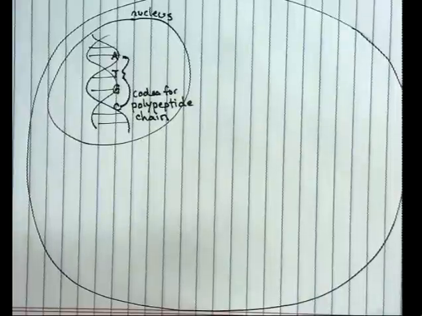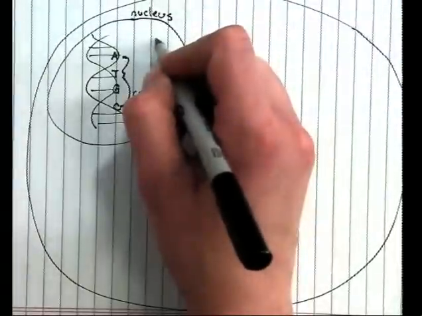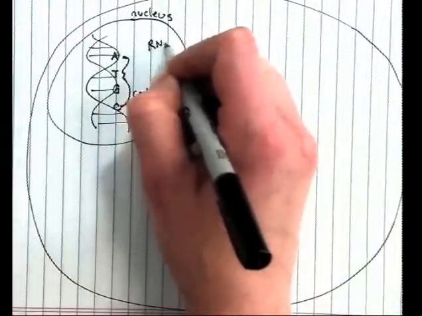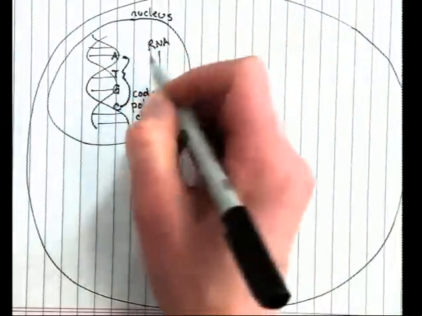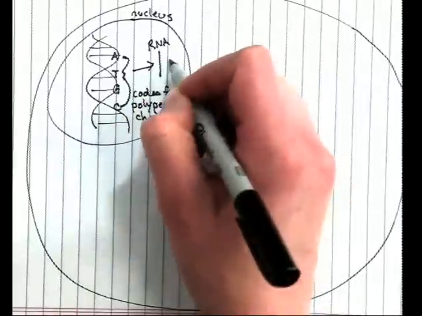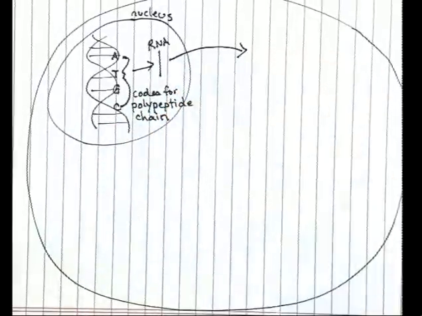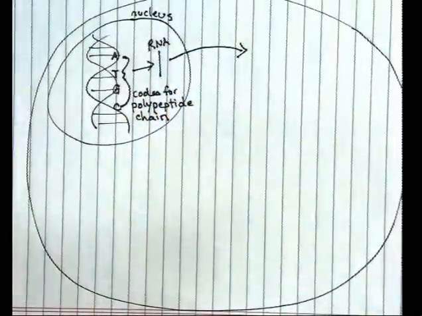It's better for errors to occur to a disposable copy. And that disposable copy is called RNA. So a copy is made, and then RNA is actually moved out of the nucleus.